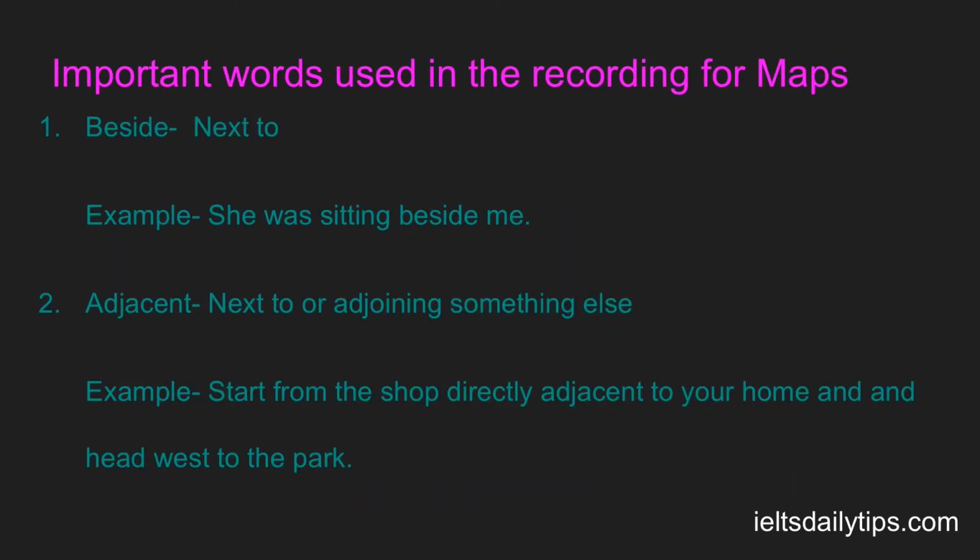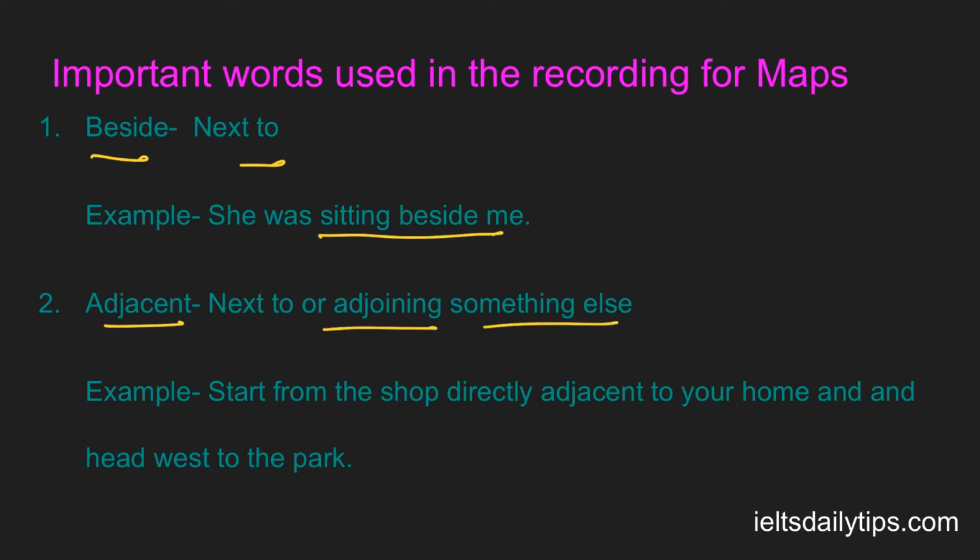Now let's talk about the important words used in the recording for maps, and let's understand their meaning with the help of examples. The first one is beside. Beside means next to. She was sitting beside me. Second one, adjacent. Adjacent means next to or adjoining something else.